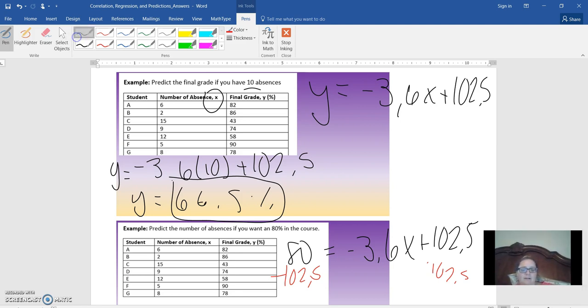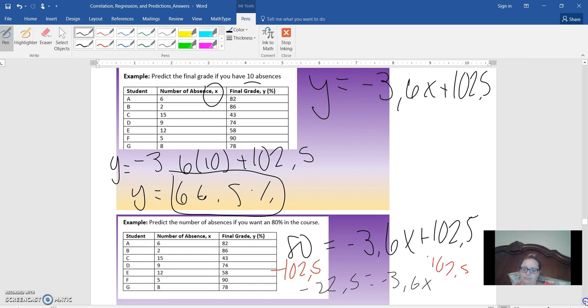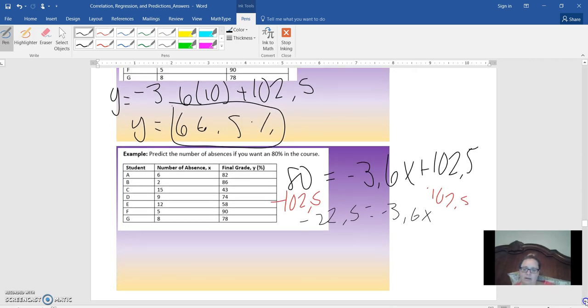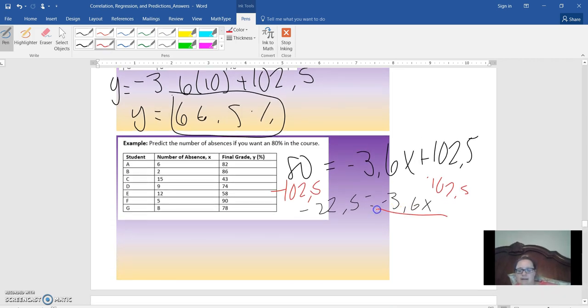I get -22.5 equals -3.6x. Okay, and then I'm going to divide by -3.6, divided by -3.6, and I get x equals 6.25. So you can miss about 6 1/4 days, 6.25 days.